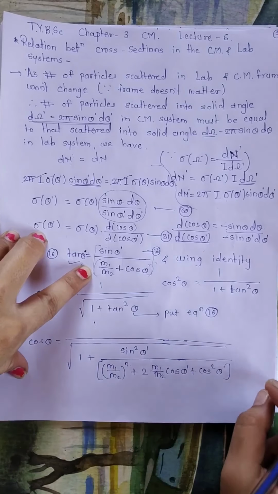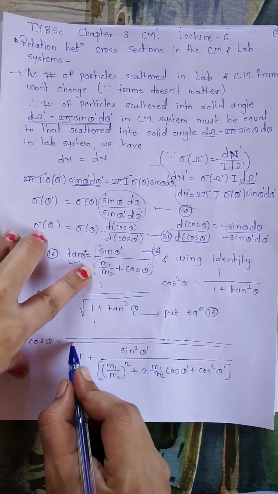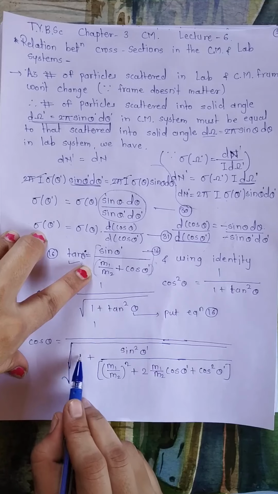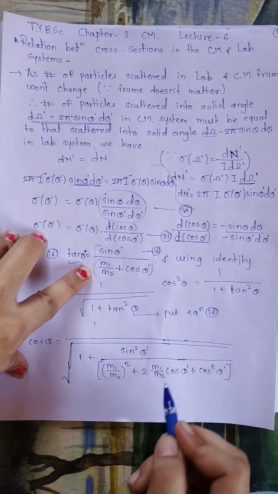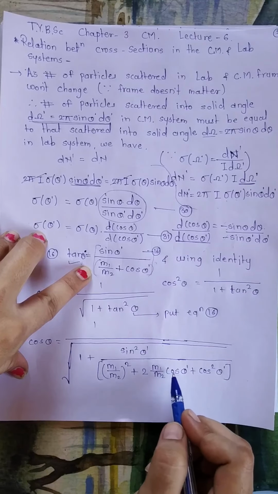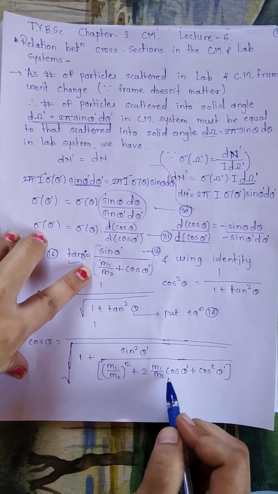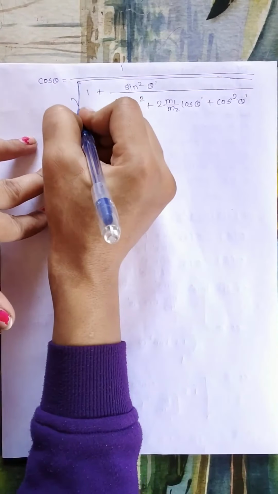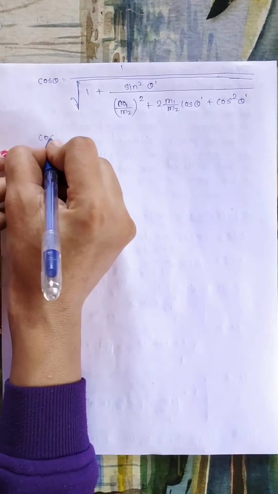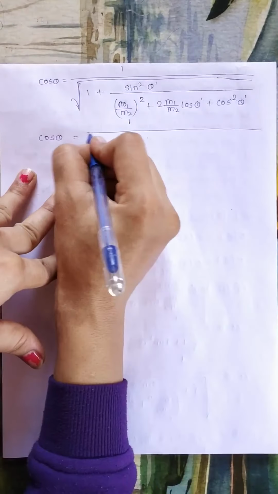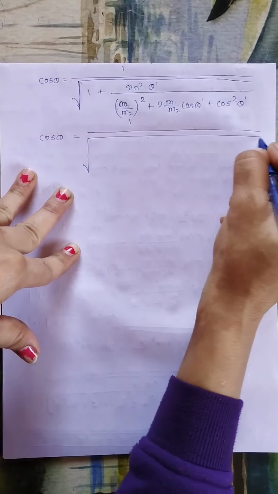Now here we will do rationalization, means I will multiply and divide this one by this term and make the denominator same, so that we can do addition. So if we do that addition, the denominator from the root term will be same now by rationalization. So we will get cos theta equals 1 upon under root.